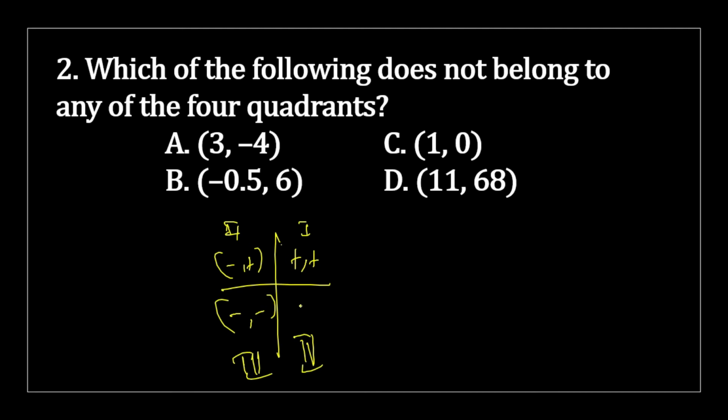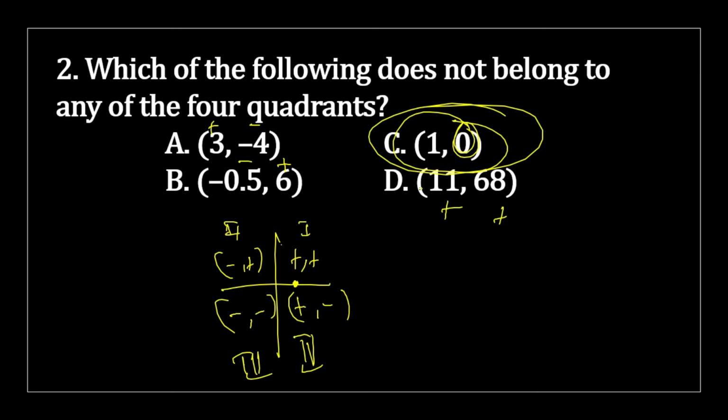This is positive, negative. As you can see, this is positive, negative, so it is a quadrant. This is negative, positive. This is positive, positive. Unlike number 3, we cannot find 0 in any of the quadrants. And why? Because it lies on the x-axis. This here, on the x-axis. Therefore, our answer is letter C.